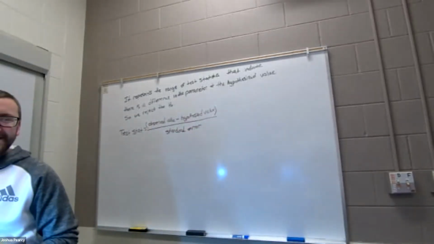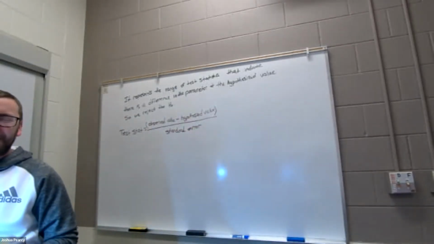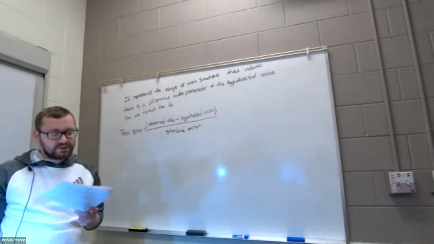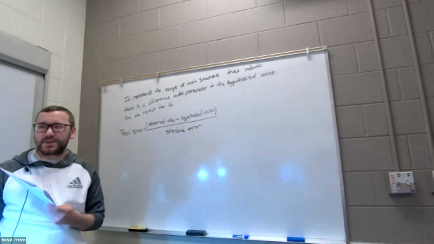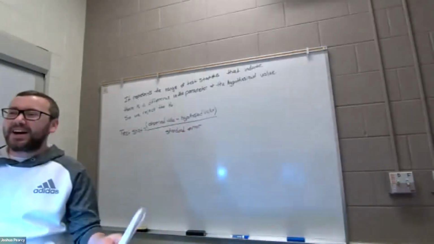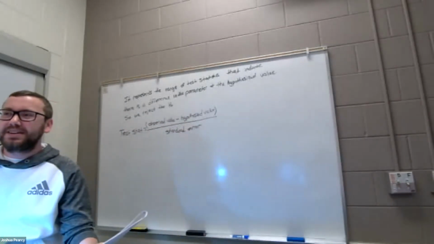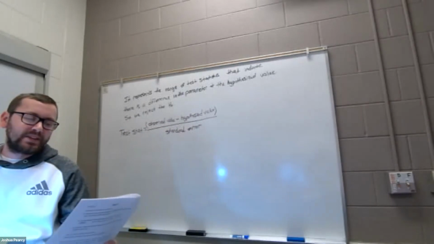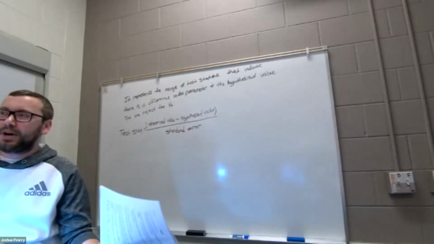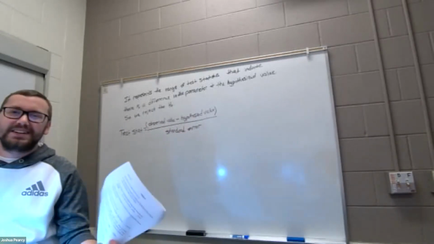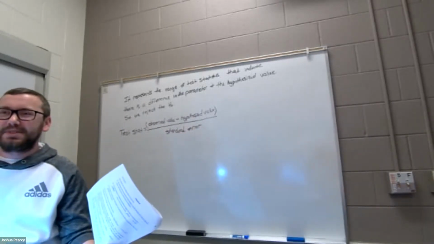Then in this class, we're going to be dealing with tests for the population mean and the population proportion. So our observed values will be the sample statistics we can compute from each of those individually. So if we're doing a hypothesis test for the population mean, our observed value will be the sample mean. If we're doing one for the population proportion, the observed value will be the sample proportion, and we denote that p hat.